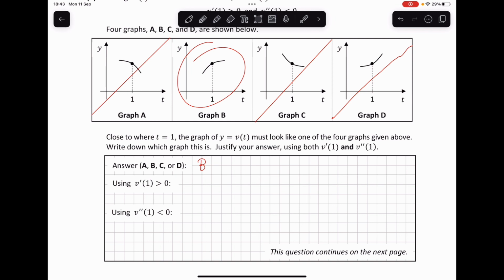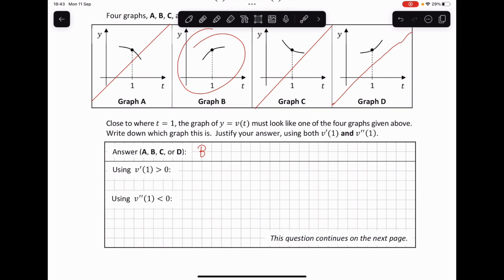What could we write down for our answers? Using v dash of 1, we just have to explain. Write down which graph this is. Justify your answer using both v dash 1 and v double dash 1. Okay. The graph must be increasing. v double dash of 1 less than 0.